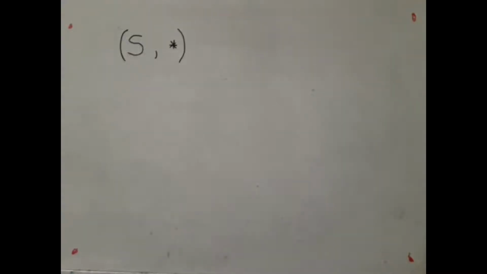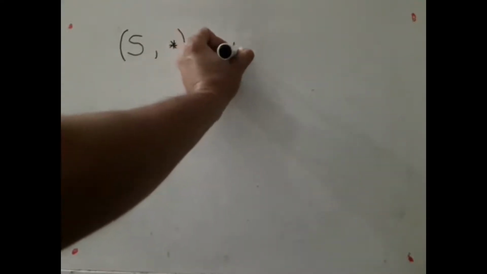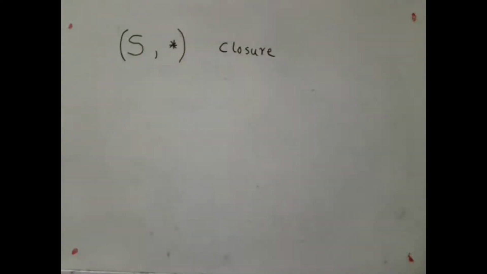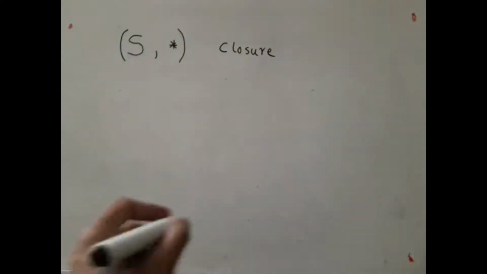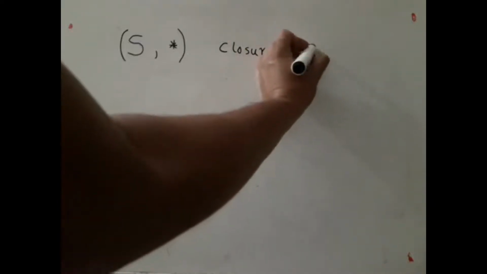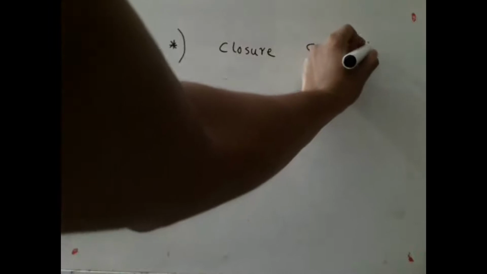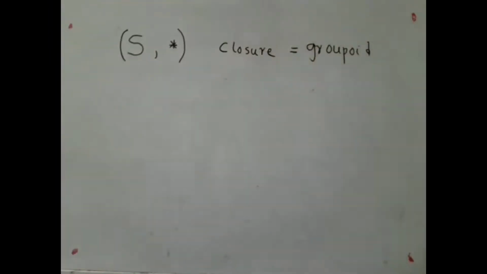Now, if it is just this, a set together with a binary operation, which means by default that I am assuming closure property alone and nothing else, then this is called a groupoid. So, just this, that means it is a groupoid.